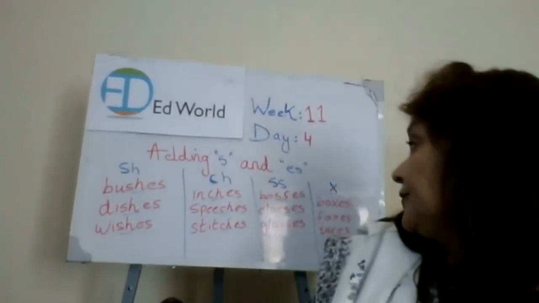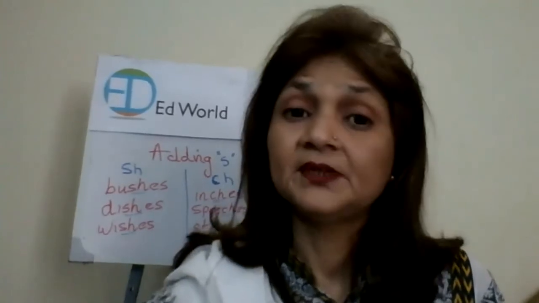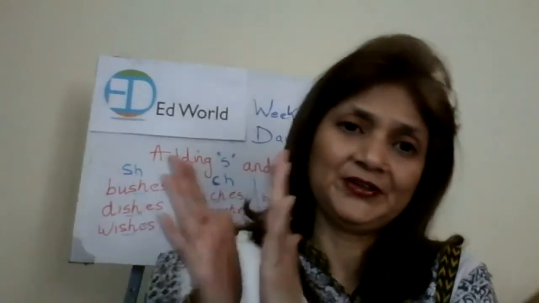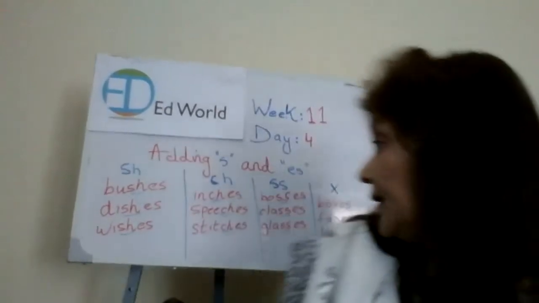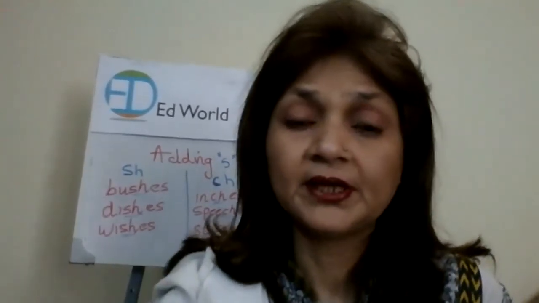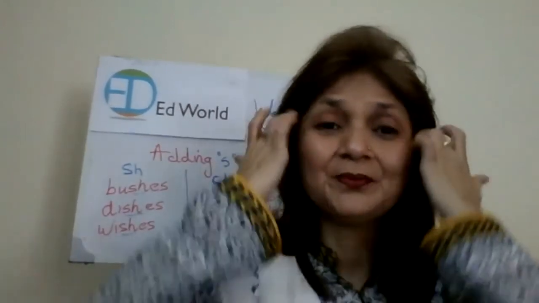Okay, Alia, can you read your sentence you have written with boxes? Yes, I have too many extra boxes in my cupboard. Very good. And another one, yes, these foxes are very dangerous animals. Great job. Very good.